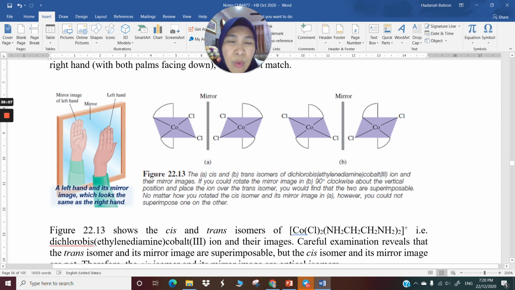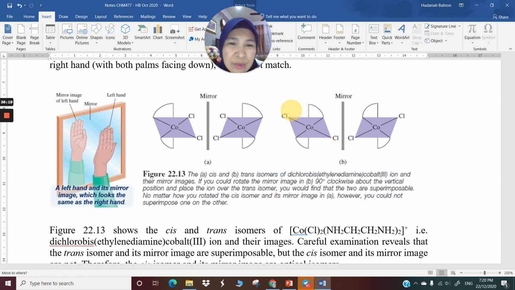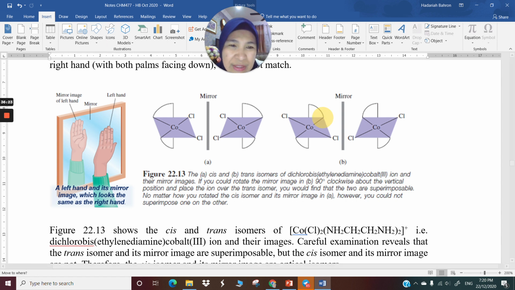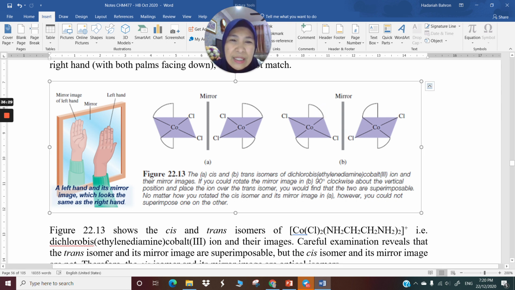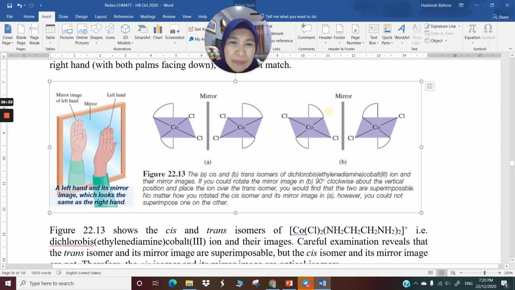The cobalt will be on top of cobalt, this chloro will be on top of that chloro, and this chloro on top of that chloro. And remember, this nitrogen is to the back of the paper.